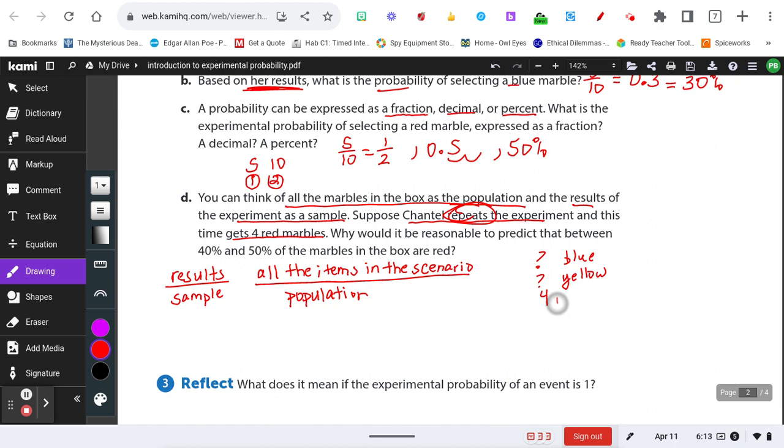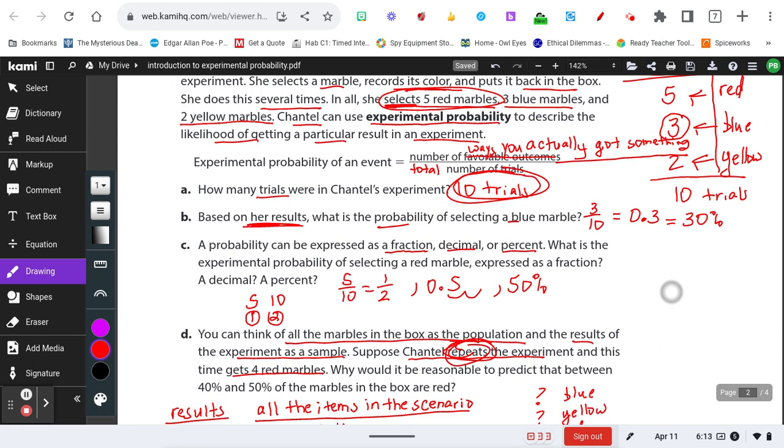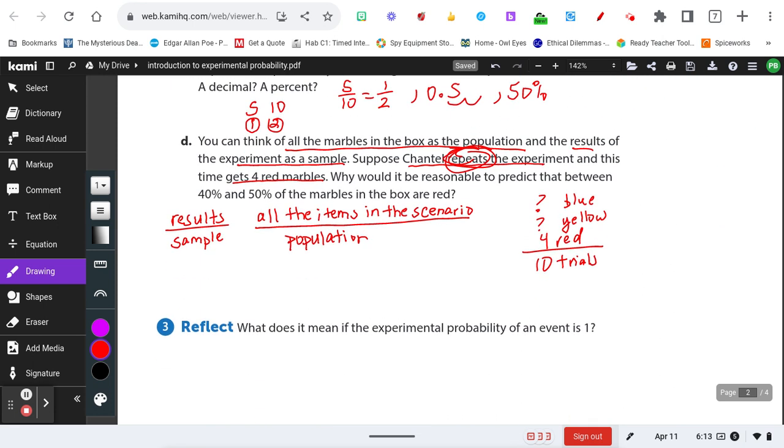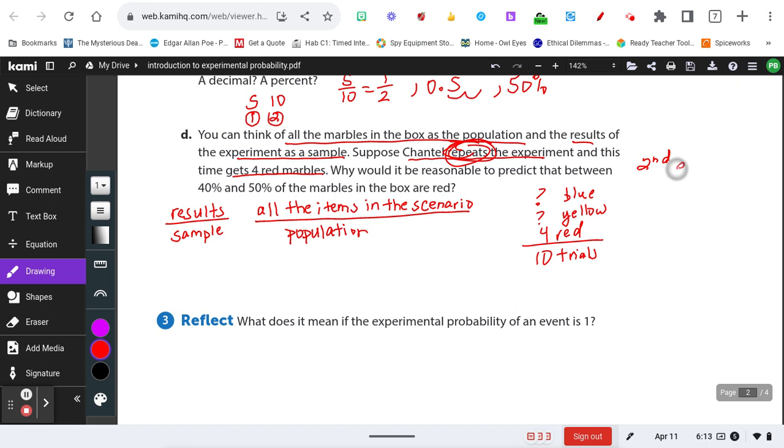But I know this time she got 4 red. But it says she repeats it. So I do know it has to be 10 trials because she repeated it. So it has to be the same amount of trials when you repeat something. All right, so if I want the probability she'll select the red in the second experiment, it's going to be 4 out of 10, or 2/5 simplified. If you punch that in the calculator, you're going to get 0.4 or 40% as a percent.